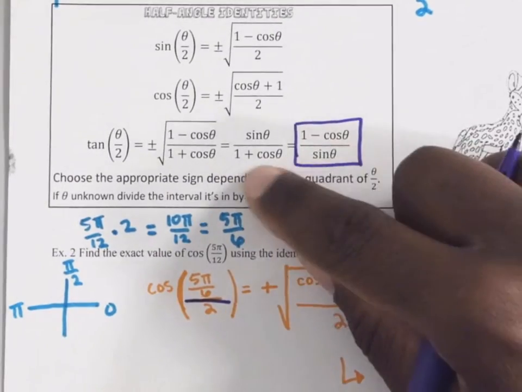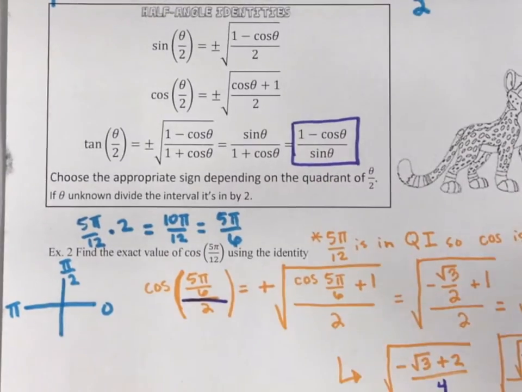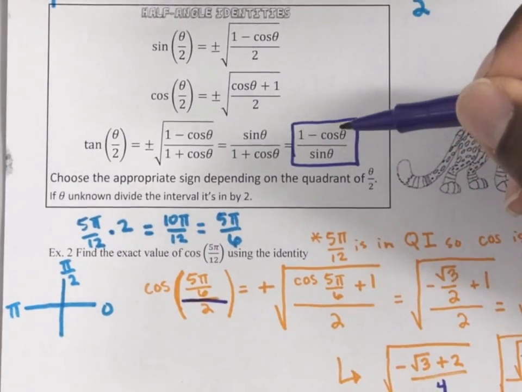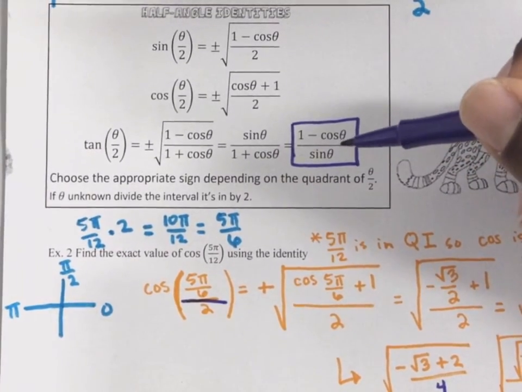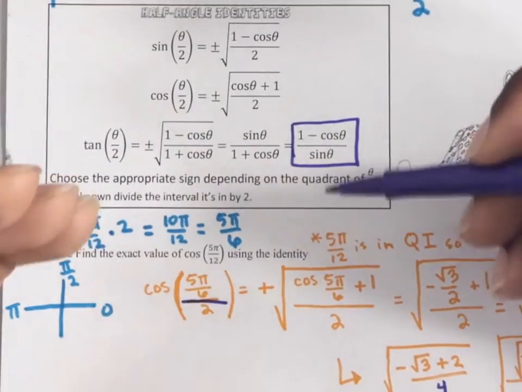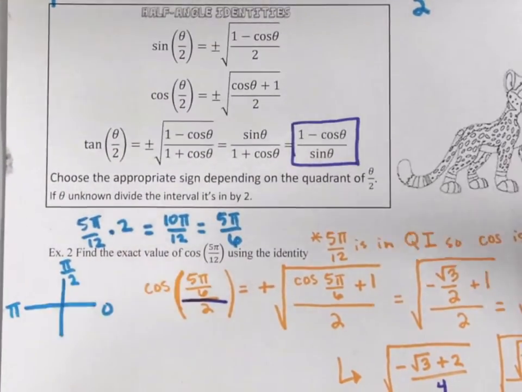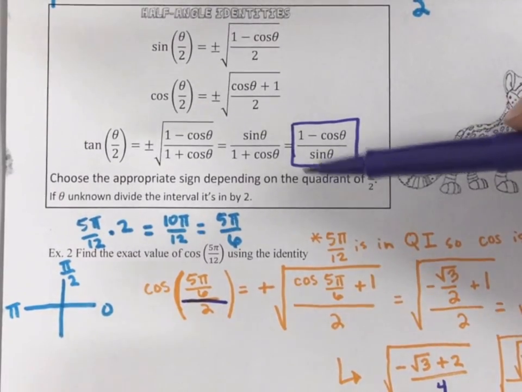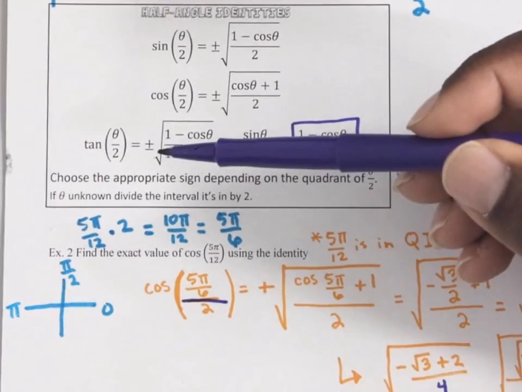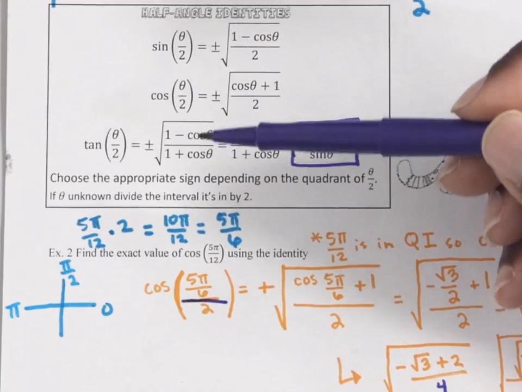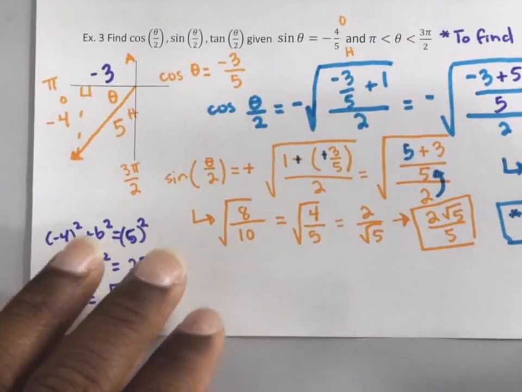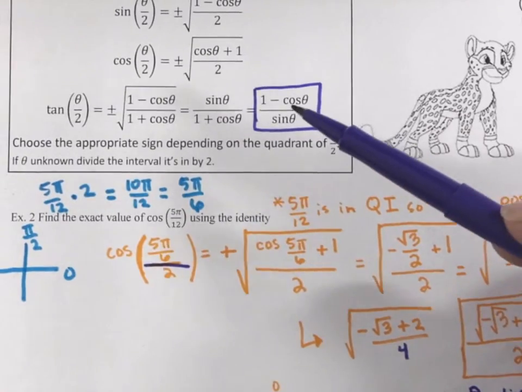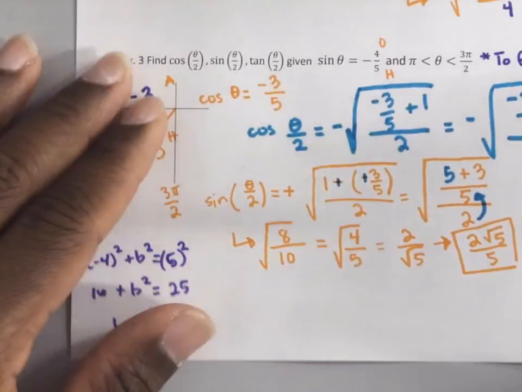But if you choose either of these 2, you don't have to worry about choosing the sine because you have a cosine and a sine. So the actual value will work itself out. If it's negative, it'll come out negative. If you use this first one, because it's only got cosine in it, you have to choose. So we're going to do this last one. We're going to put 1 minus cosine over sine.